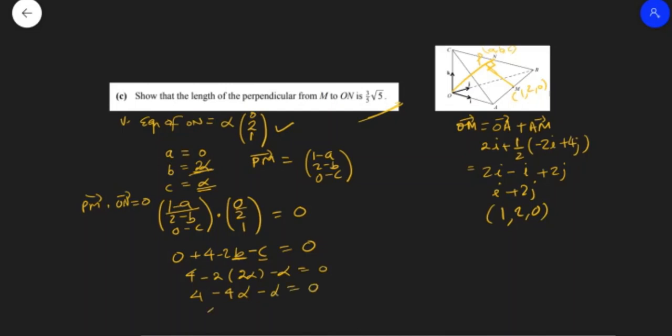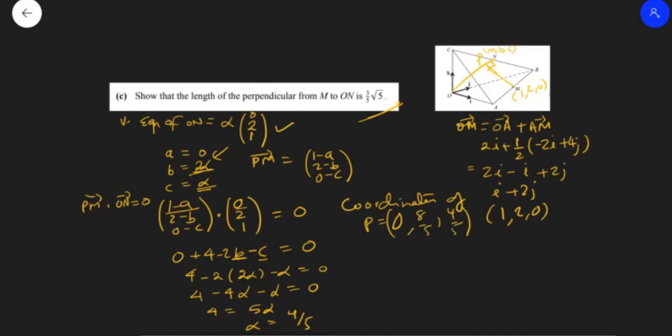And that will be 4 equal to 5 alpha. So alpha comes out to be 4 over 5. Yeah? So now the coordinates of P: A equal to 0, 2 alpha will be 8 over 5 and alpha will be 4 over 5.